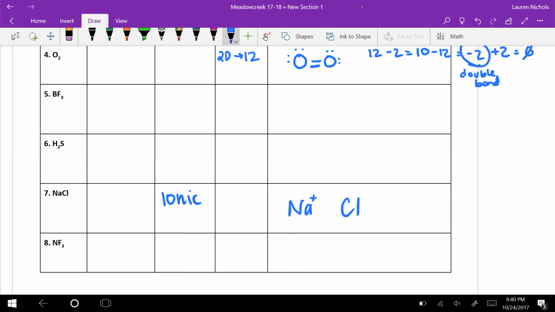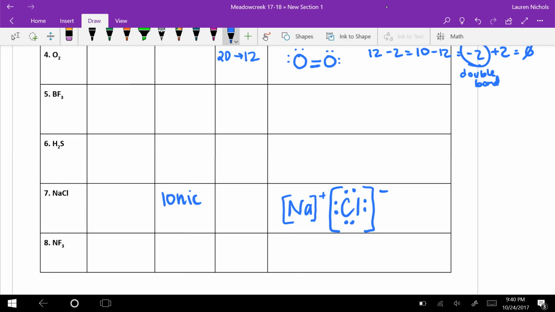So sodium will have a positive charge, this whole thing overall, and no valence electrons, whereas chlorine will have received its 8th valence electron from sodium and will overall have a negative charge. And that's kind of how we would draw that there.